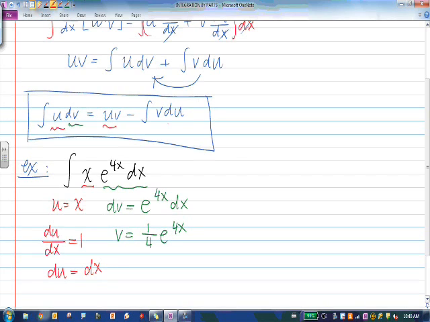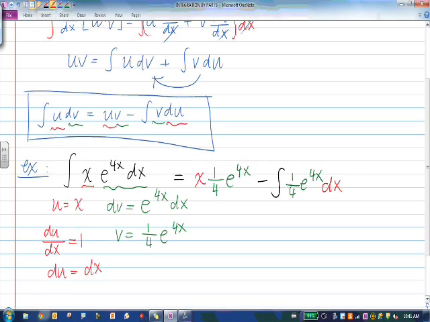So if we take a look at it, the first part is u times v. So let's go ahead and write that down. Our u was x, our v was 1/4 e to the 4x, minus the integral of v du. So the v again was 1/4 e to the 4x, and our du is just dx.